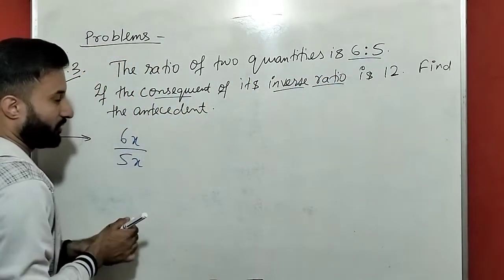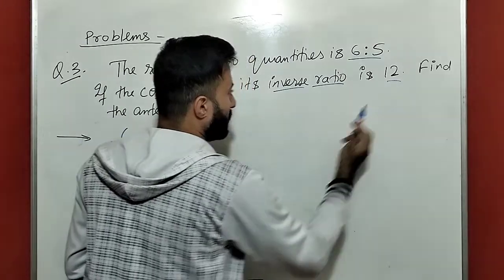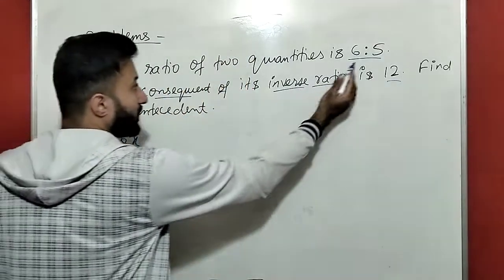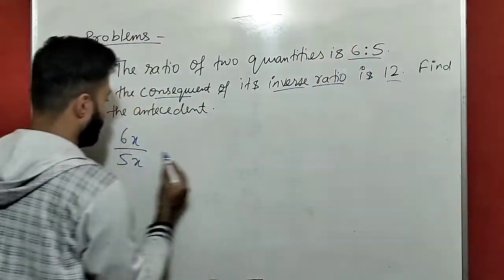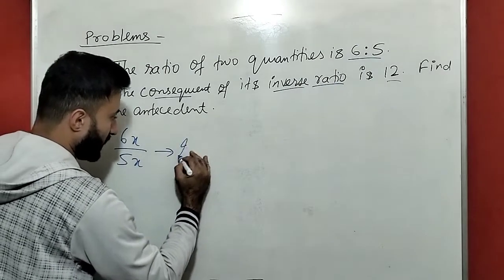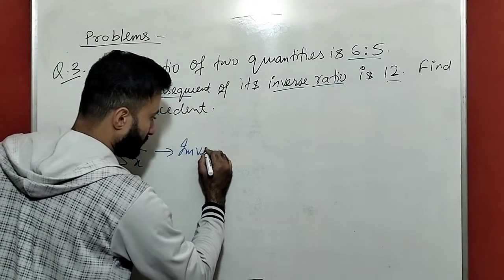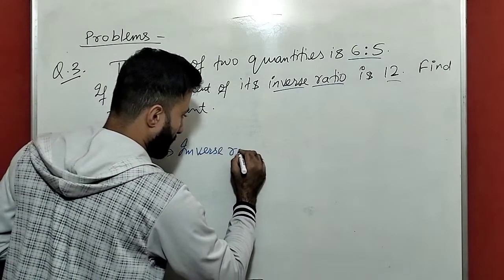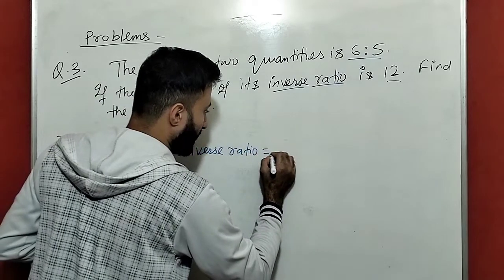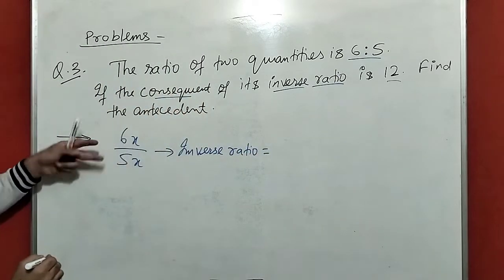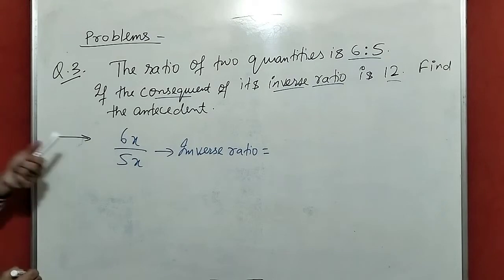is 12. So what you have to do is write the inverse ratio of this. Inverse means reciprocal: the numerator will become the denominator, and the denominator will become the numerator.